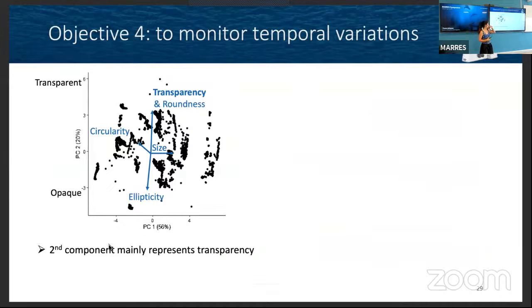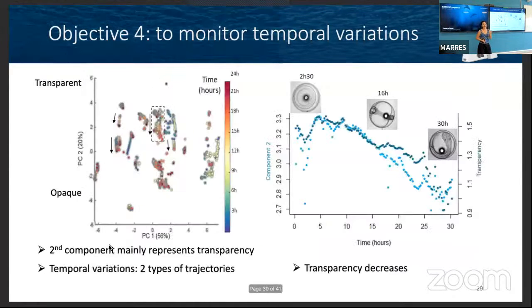What we observe here is that the transparency is clearly parallel to the second axis, meaning that we have very transparent eggs on the bottom, and opaque ones at the top, sorry, opaque ones at the bottom. If you have seen the previous video, you could have observed that the bony fish was decreasing in transparency because some pigmented cells appear during the development.